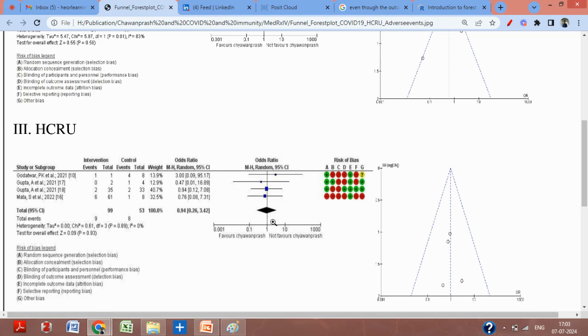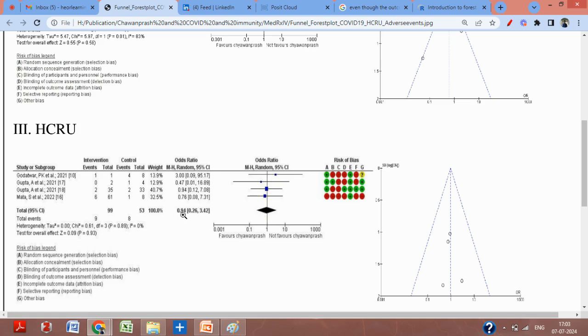So these whiskers over here report the confidence interval along which your outcome has been reported. Similarly, this diamond is also a whisker, though not in the same form as the main studies; it is in the form of a diamond, and it also represents the 95% confidence interval along with the main output.